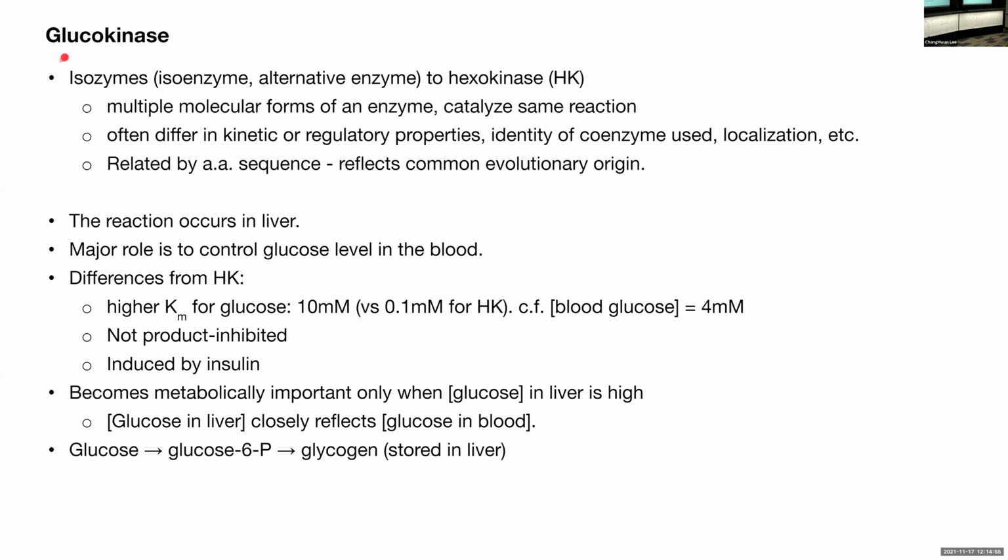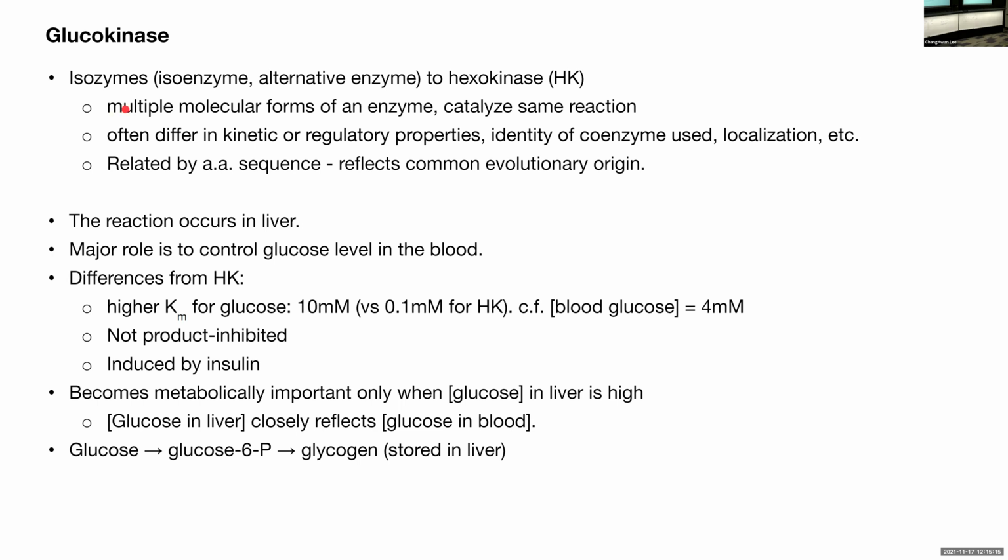So here's another enzyme called glucokinase, and that is an isozyme, or isoenzyme, or alternative enzyme to hexokinase that we just talked about. An isozyme is basically an enzyme in a different form.